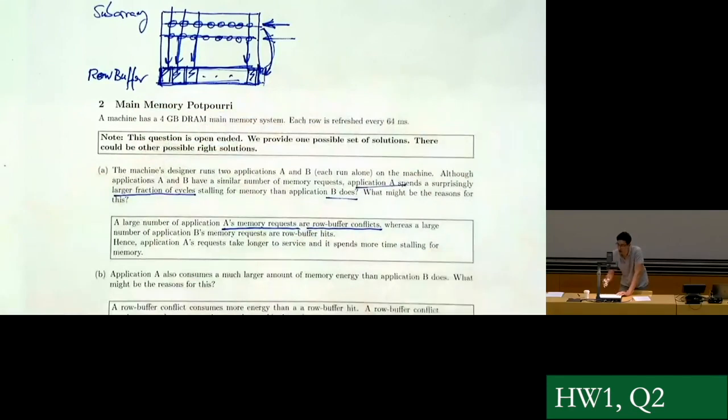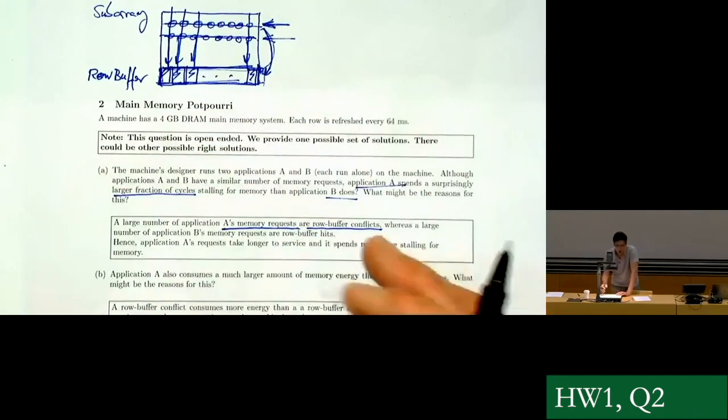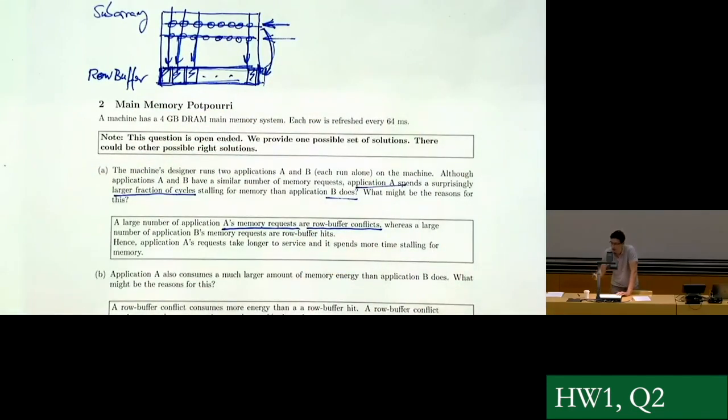So there are many row buffer conflicts. This means that consecutive accesses need to read from different DRAM rows. So we will have many row buffer conflicts, and probably in the case of application B, there will be many row buffer hits.